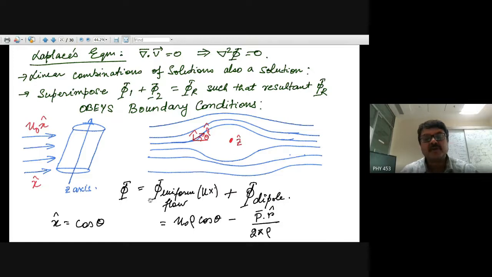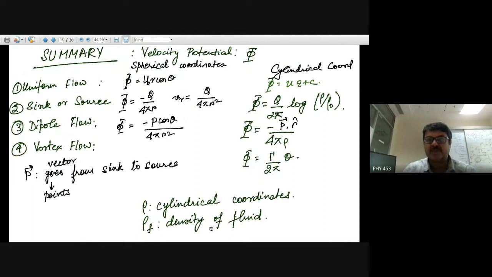Right. So now the phi in cylindrical coordinates for uniform flow field is u0 rho cos theta, as we worked it out previously. So this was calculated along the Z direction.